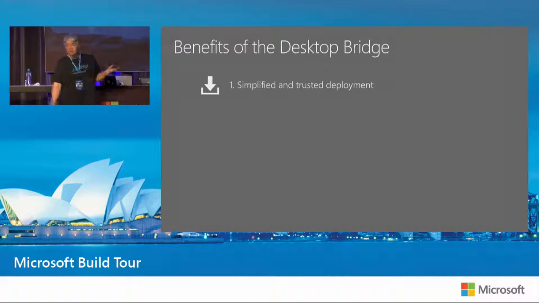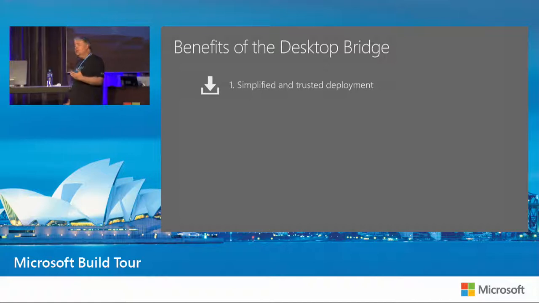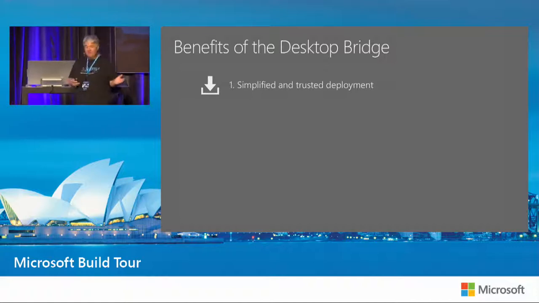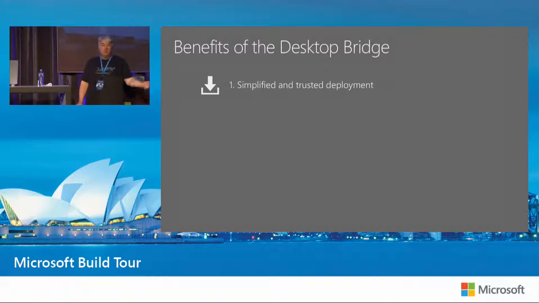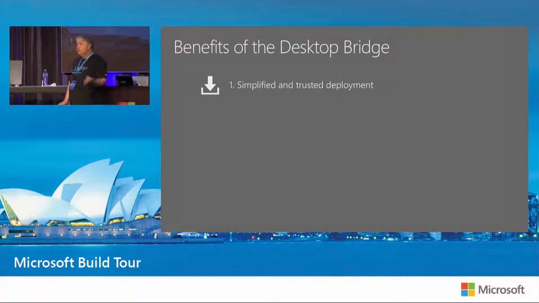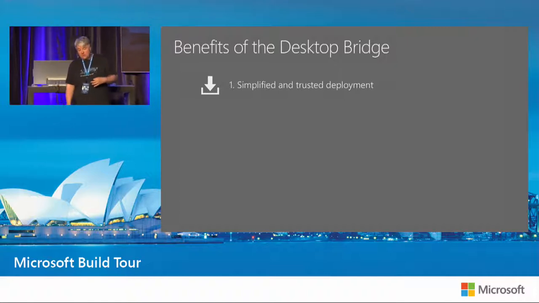I mean, how many of you are happy when an installer asks for elevated privileges? So one thing, by having a UWP app, and having it in the Windows Store, the customer is able to go to a known location for all Windows apps and be able to download that onto their machine.